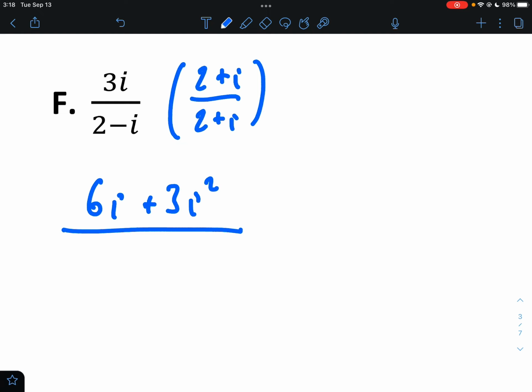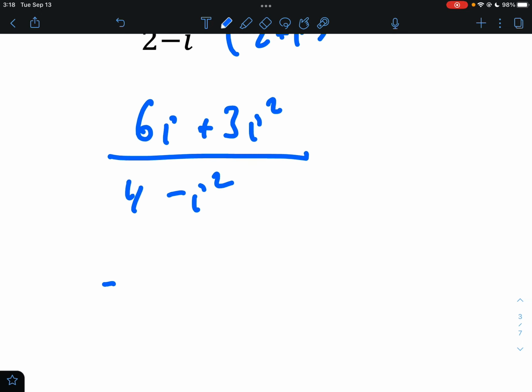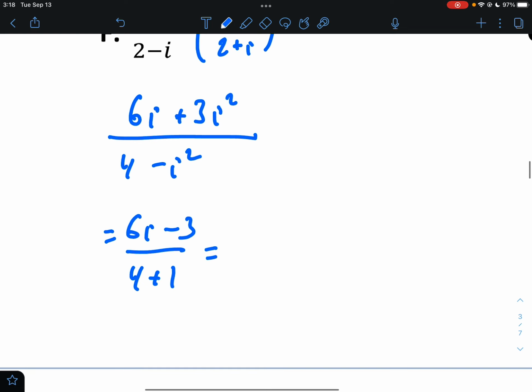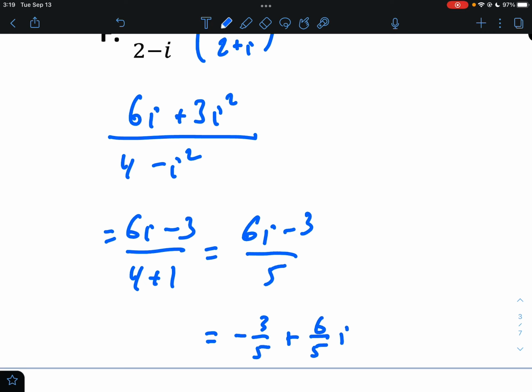The denominator, if we multiply that out, we would get 4 plus 2i minus 2i minus i squared. So if we simplify this, we would get 6i minus 3 over 4 minus negative 1, or 4 plus 1. So it's 6i minus 3 over 5. And we can rewrite that as negative 3/5 plus 6/5 i.